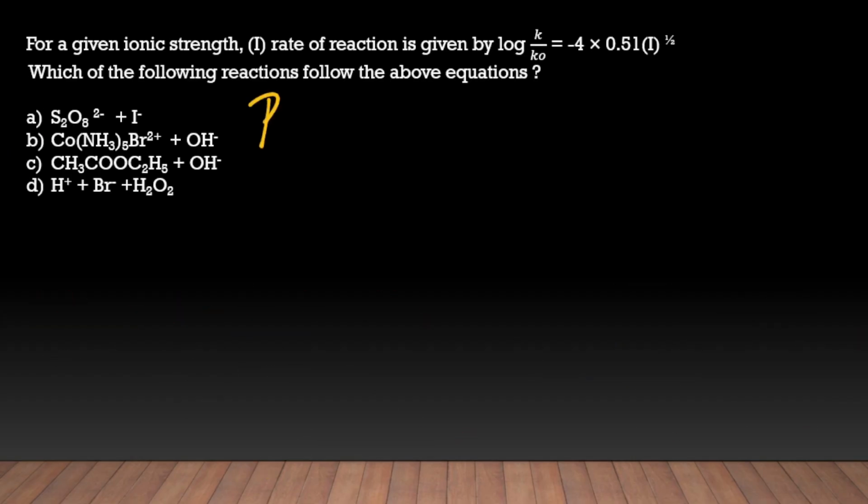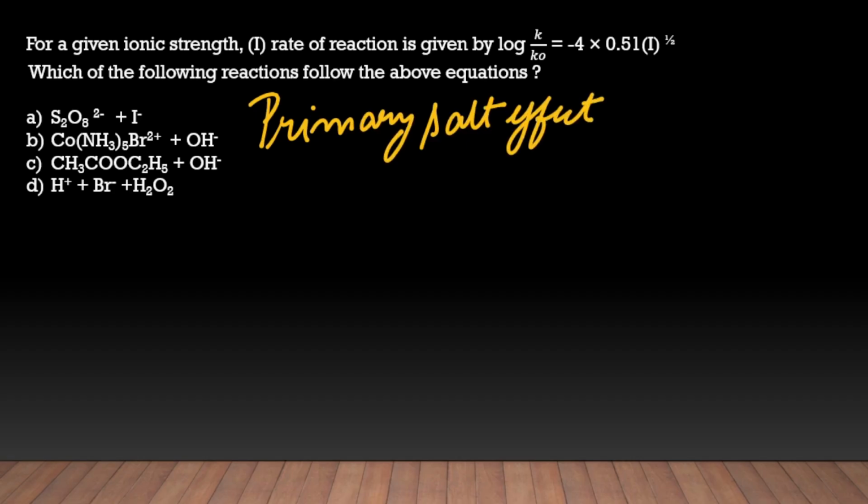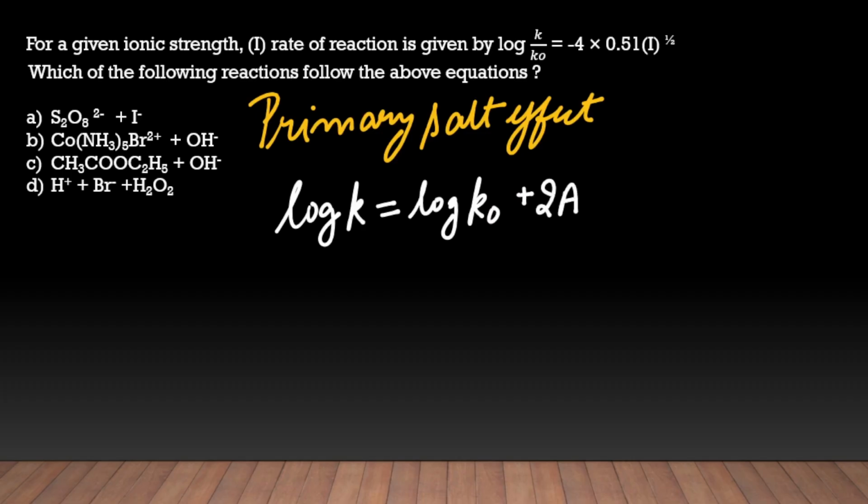This is from our concept of primary salt effect, that is used to study the kinetics of the ions. In that we get log of K equals log of K naught, where K is the rate constant when these ions are in the solution, and K naught is the one when these are not present in the solution, plus 2a times ZA into ZB into the root of ionic strength.